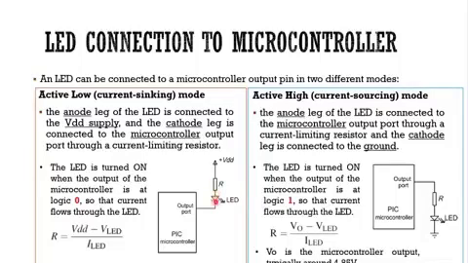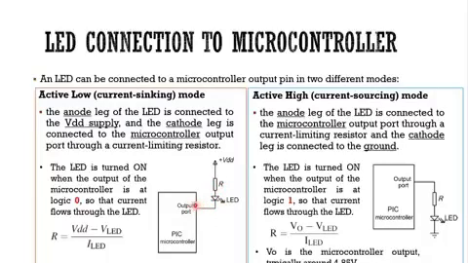After that, it will light up, provided that the output here is low. If the output is high, the LED will not light up. It will remain blank, it will remain off. Only when you write 0 to the output will the LED turn on.